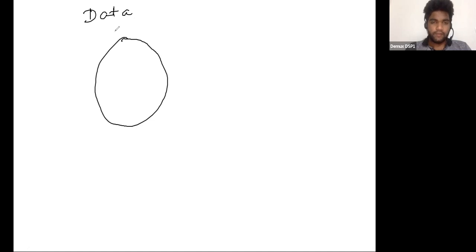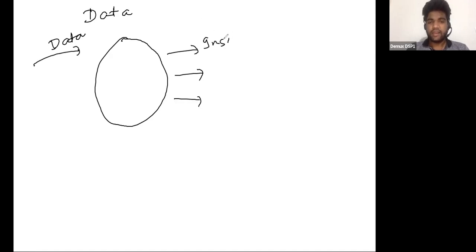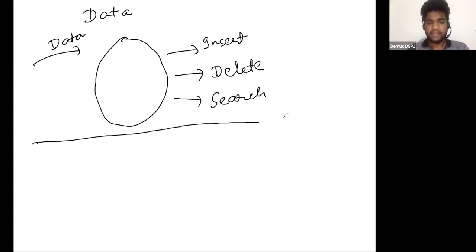If you look at data, fundamentally, there are three types of tasks that we need to do on a daily basis. Data keeps coming in at regular intervals. You need to insert data, you need to delete data, and you need to search for data items. Just to give you an example, let's say you are talking about Amazon.